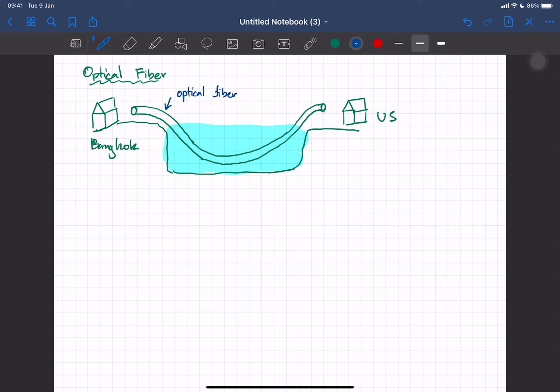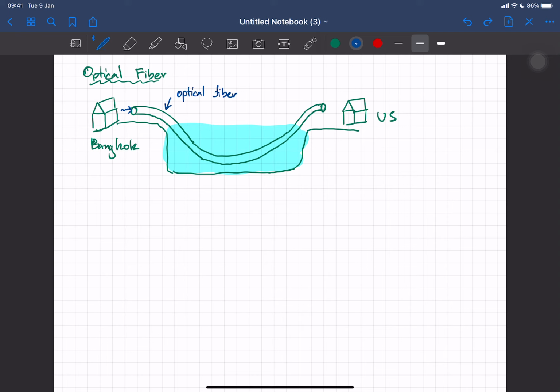And the way we send signal is nothing but you send light through this tube, and because this is glass and outside, you can think of outside being air, but it's not really like that. It's just a different type of glass which has lower index of refraction.